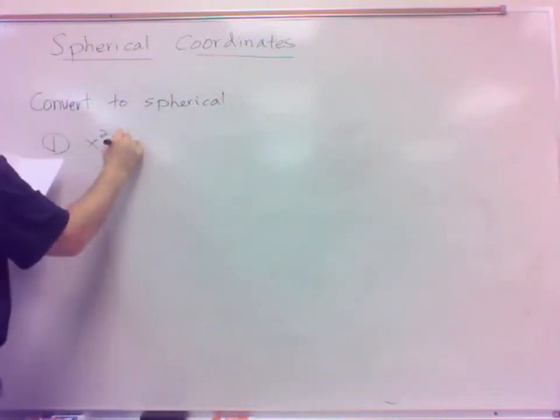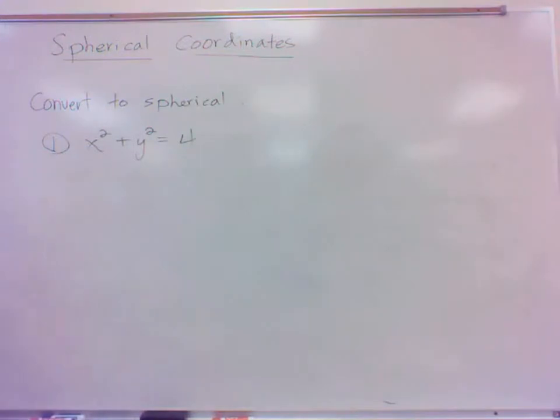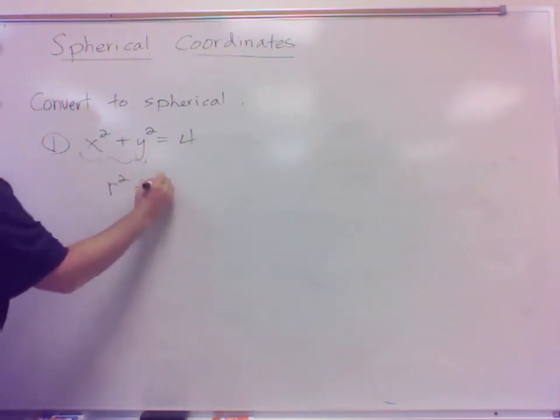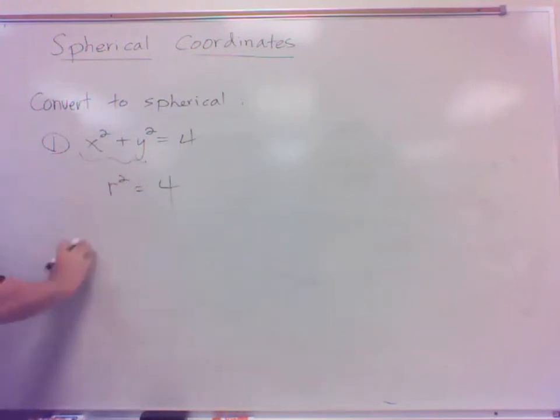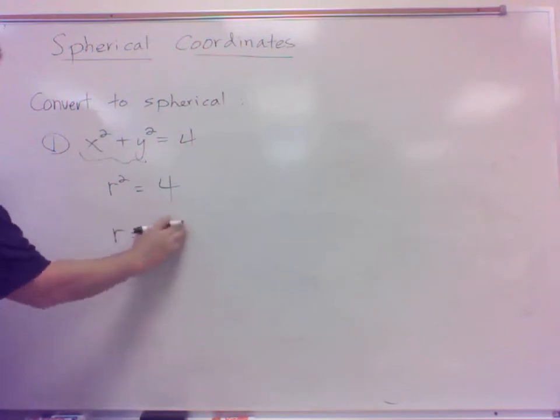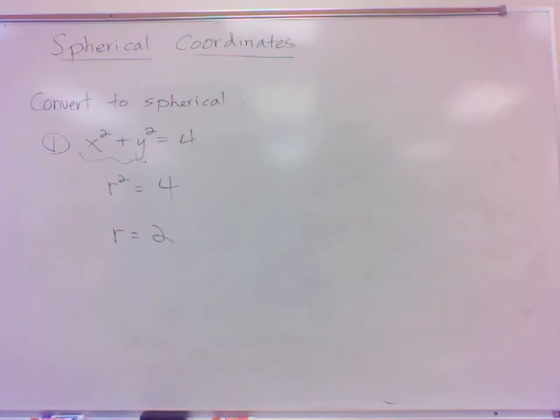X squared plus y squared equals 4. Well, first of all, instead of going to spherical here, we might change it to a simpler form that we know. We know that x squared plus y squared equals r squared, so this is r squared equals 4. And since r has to be greater than 0, we would know that r here would equal 2.